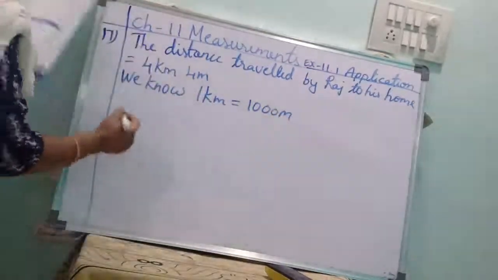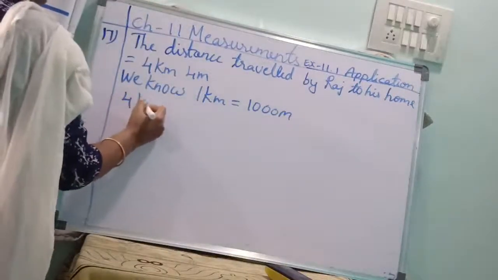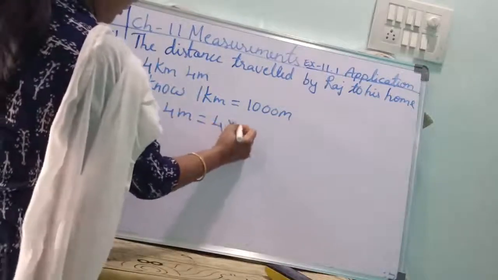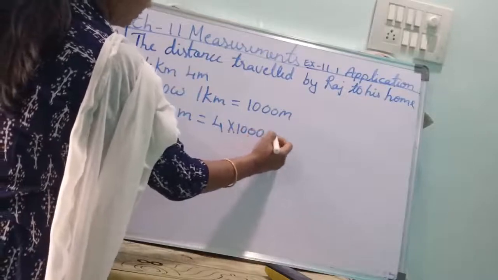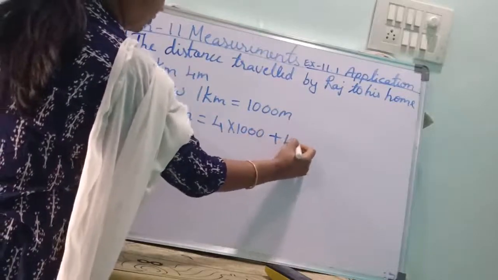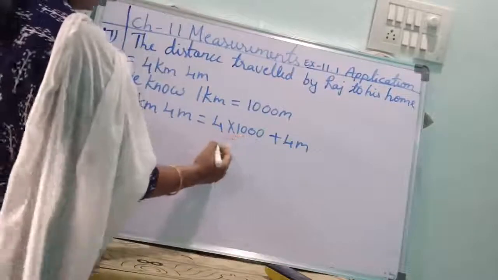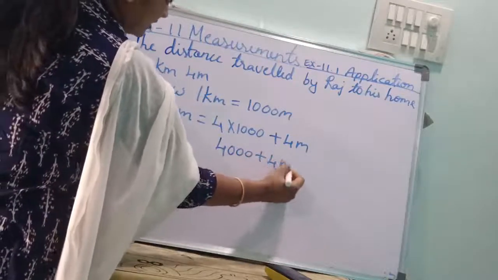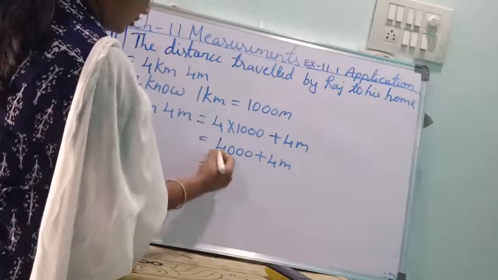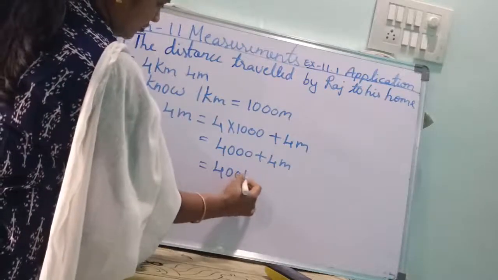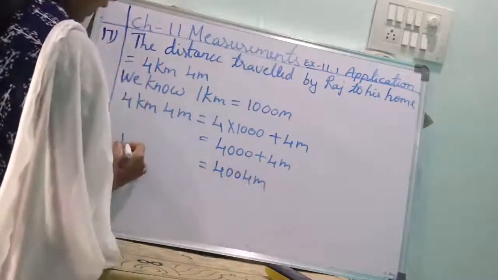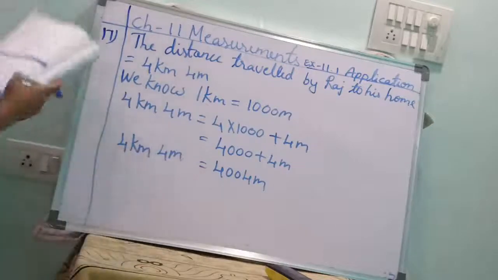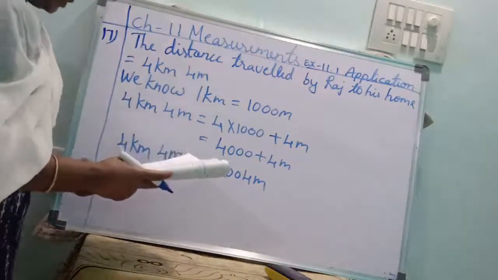That's why 4 kilometers 4 meters is equal to 4 into 1000 plus 4 meters, 4000 plus 4 meters, which is 4004 meters.